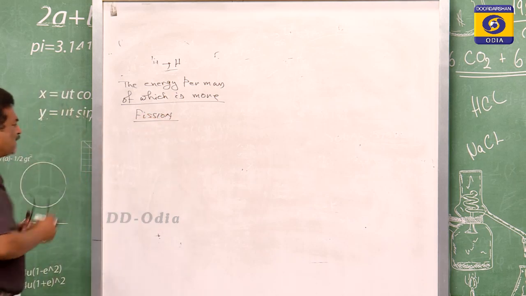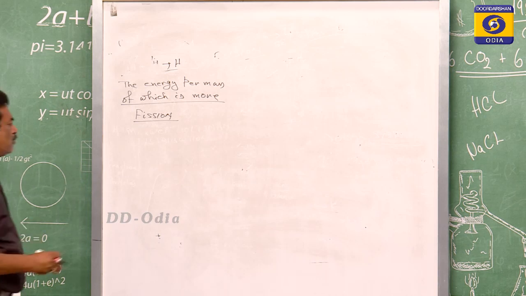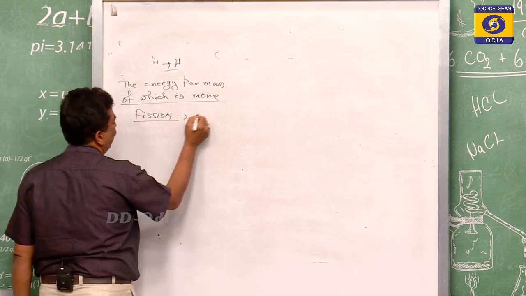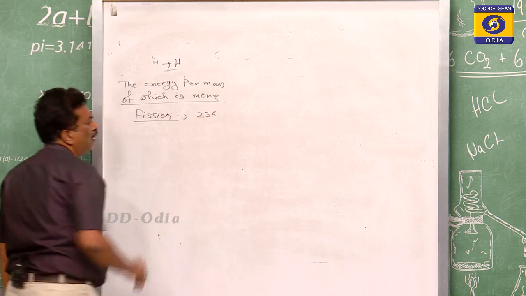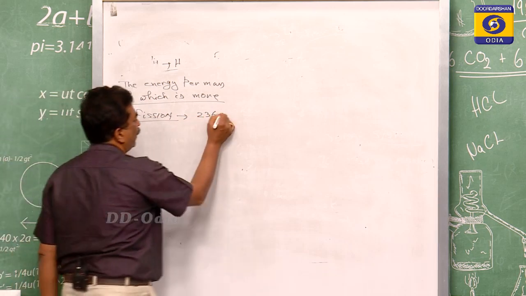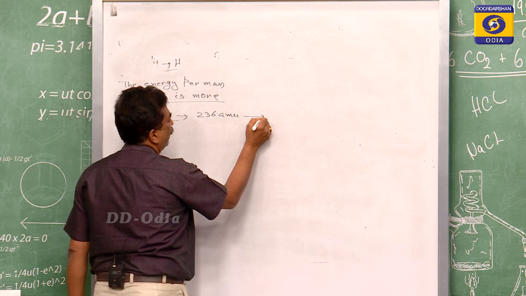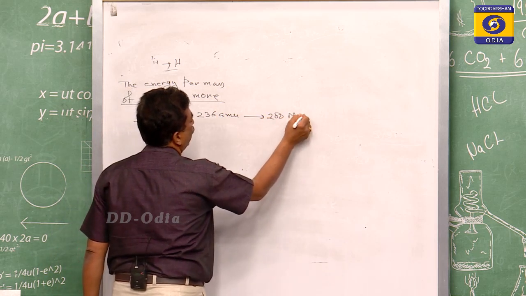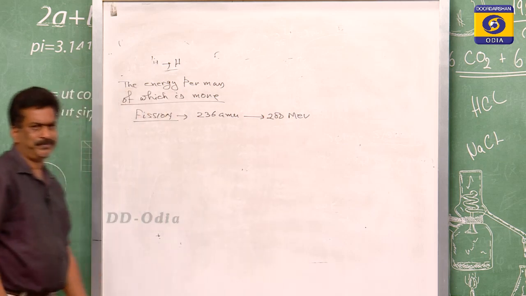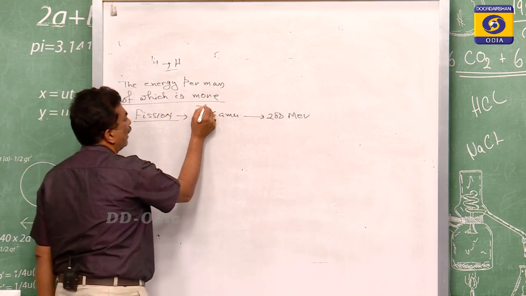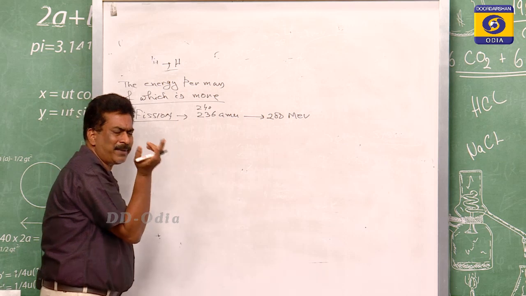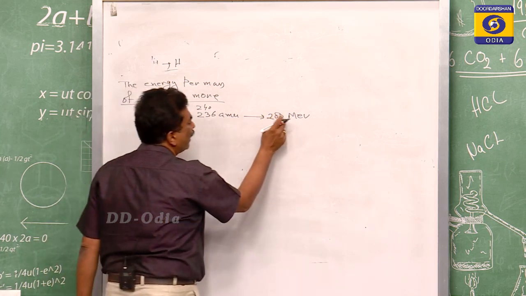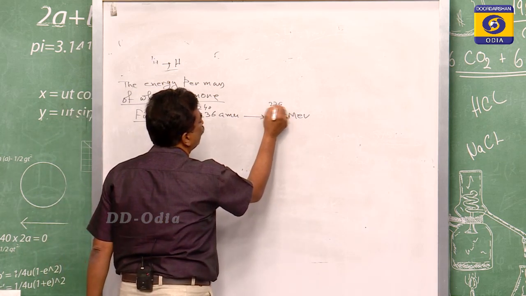In the last class we discussed fission, and today also. In fission, what happens? For 236 amu, how much energy is released? Approximately 200 MeV, because we took 240 divided into 120 plus 120, and this 200 comes here for 236.